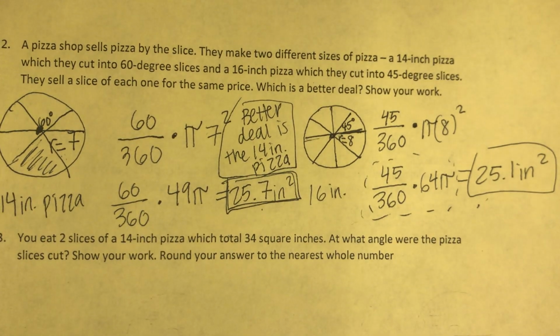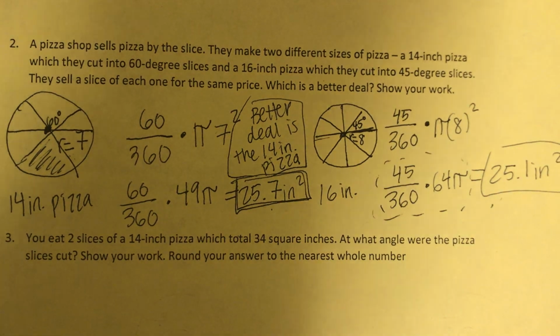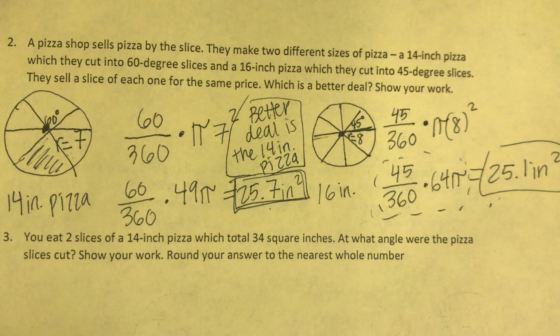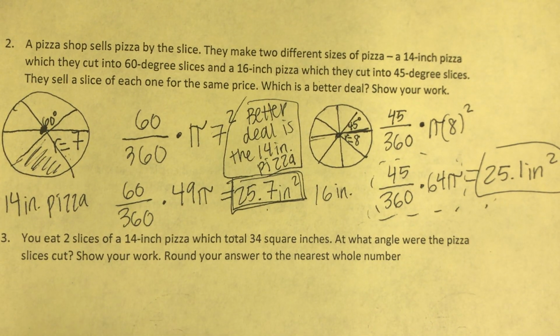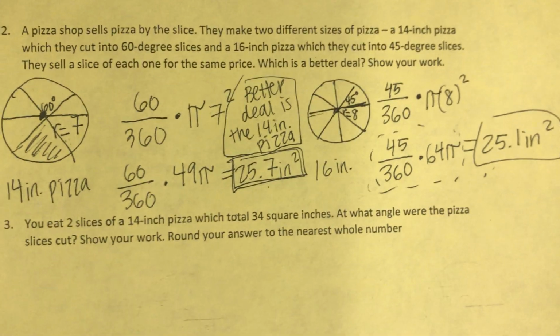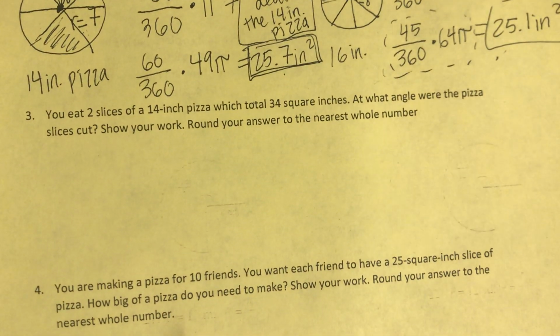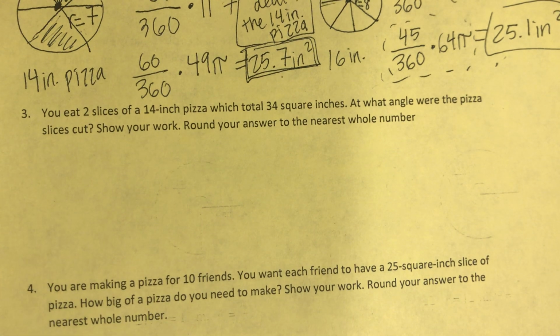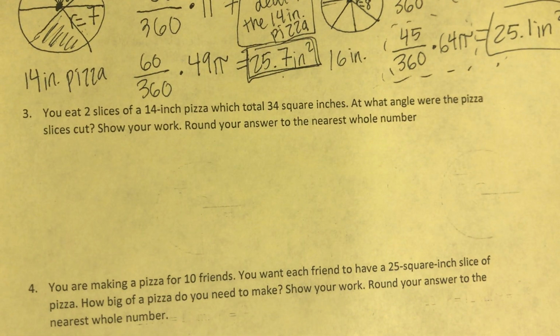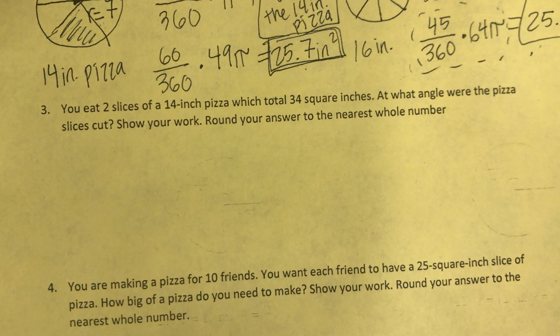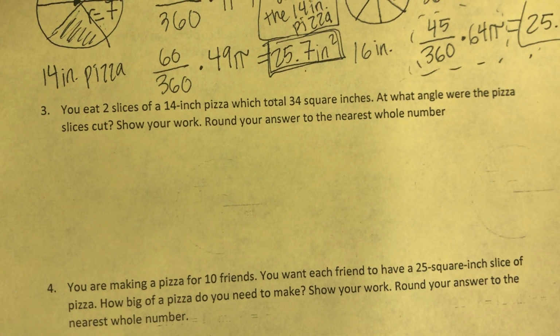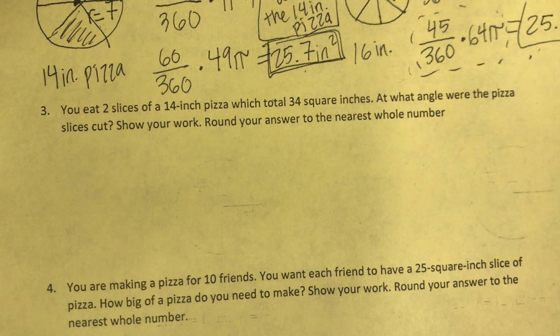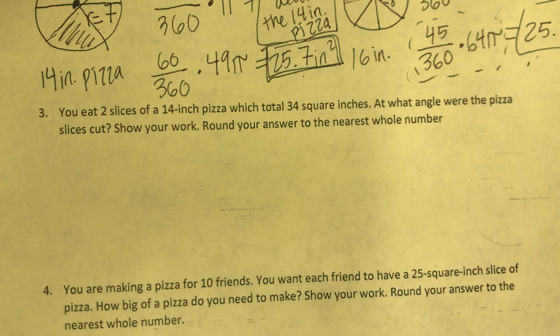All right, so probably now when you think you're just catching on, the problems are getting harder. So we still are going to use that same formula we've been using, but instead of finding the area this time, we are going to find the angle that's cut.